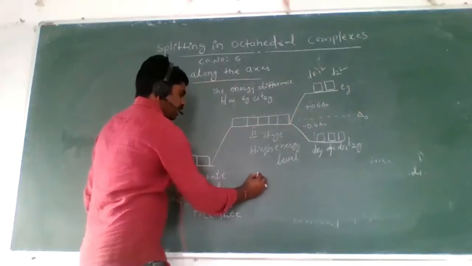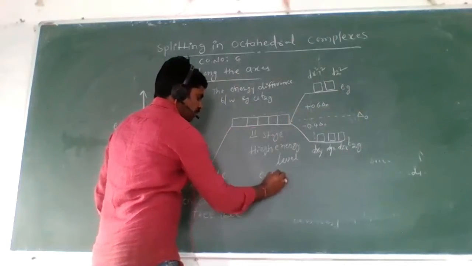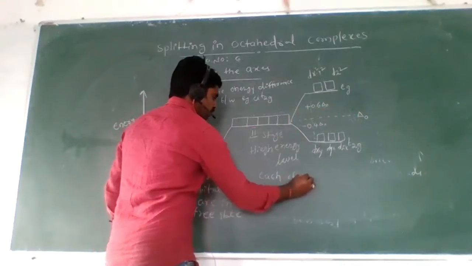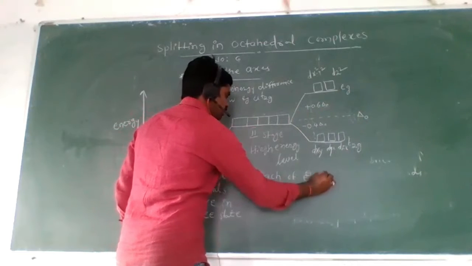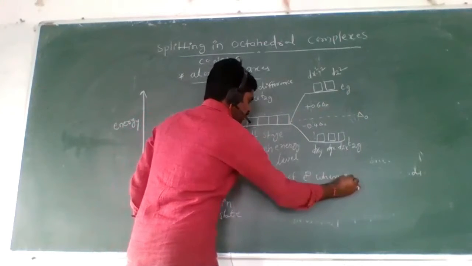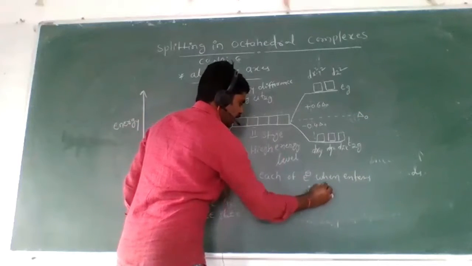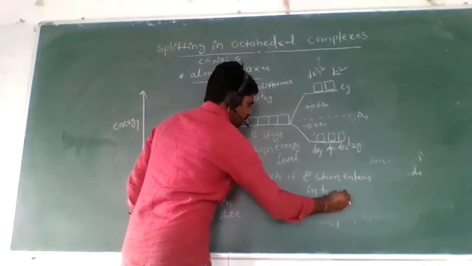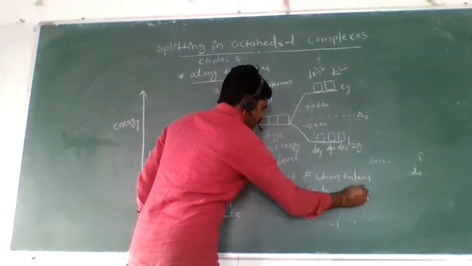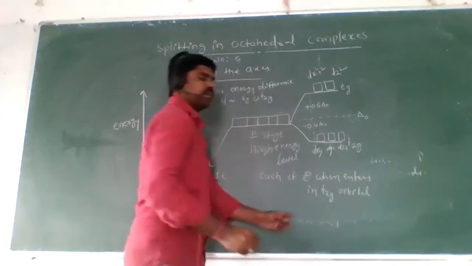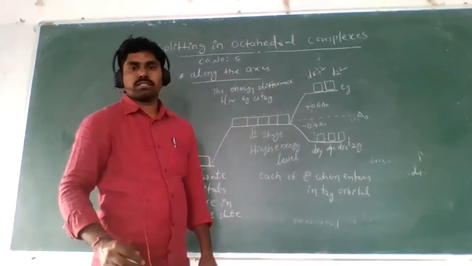Each electron, when it enters into the T2g orbital, the complex stabilizes.